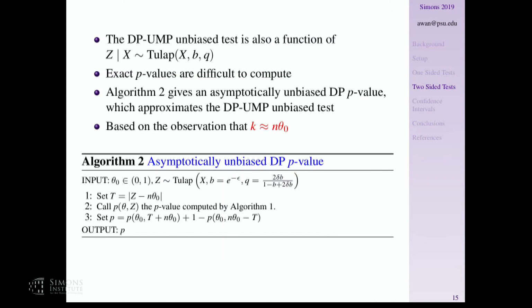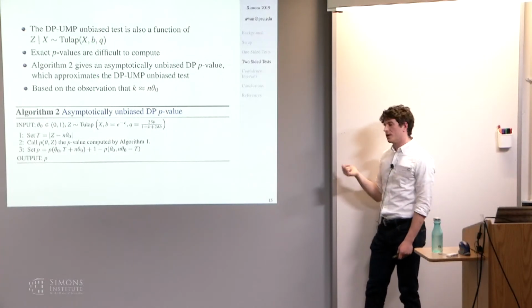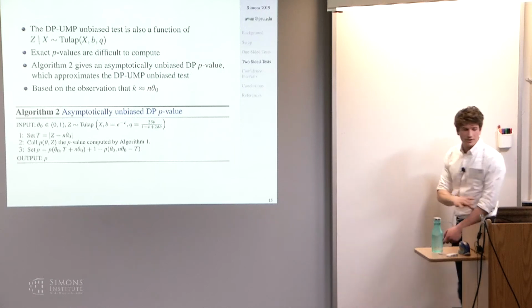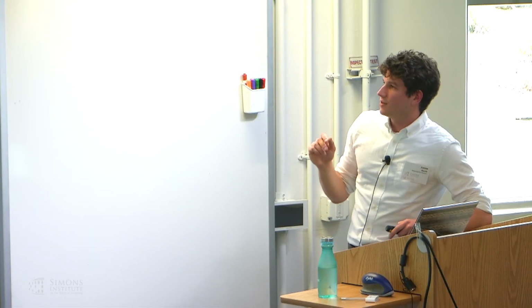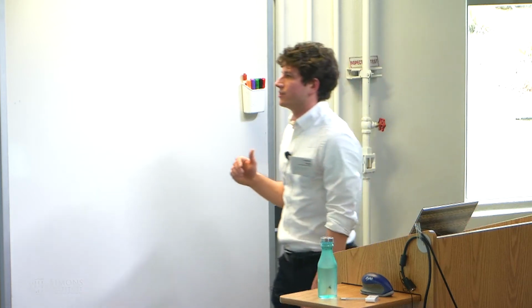And that's what we do here, and we're able to get the p-value from that construction. And so it's still a valid p-value, meaning that the corresponding test has the exact size. It's just that we're giving up on the unbiasedness, and we're just asymptotically unbiased instead of exactly unbiased. And we'll see in the simulation in a second that it's a really close approximation.